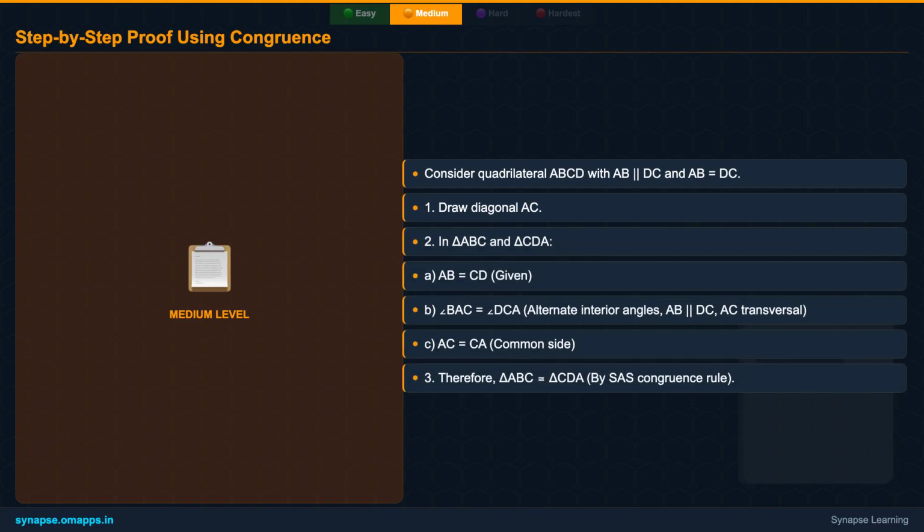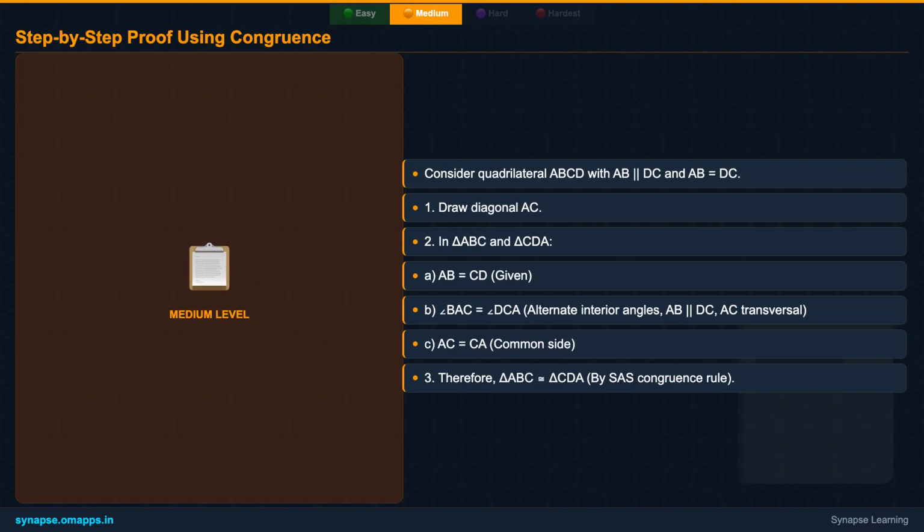Consider our quadrilateral ABCD with AB parallel to DC and AB equal to DC. First, we draw the diagonal AC, dividing the quadrilateral into 2 triangles, ABC and CDA. Now, let's compare them. We know AB is equal to CD because it's given. Since AB is parallel to DC and AC is a transversal, the alternate interior angles, BAC and DCA, must be equal.